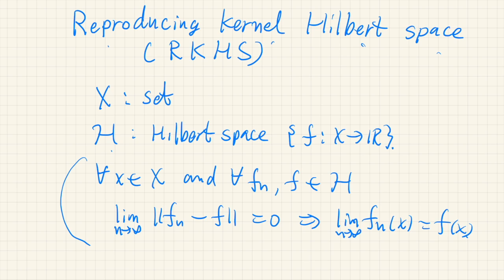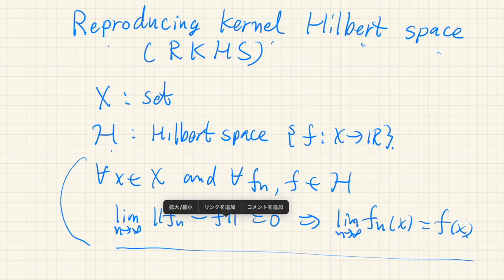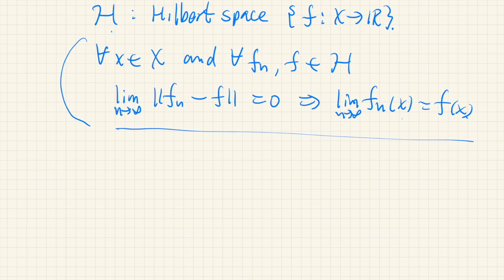Here, what this condition means is that the application of function fn to x is continuous. Usually, for defining a continuous function, we consider a sequence xn which converges to x, and f(xn) converges to f(x).